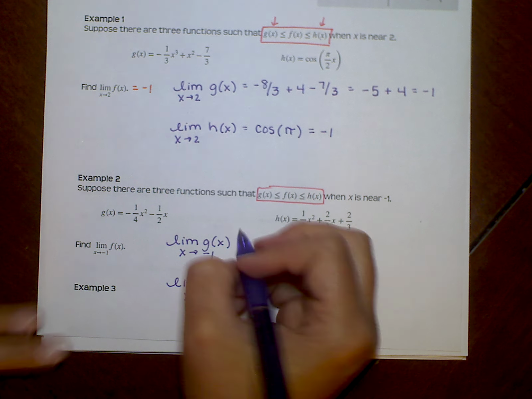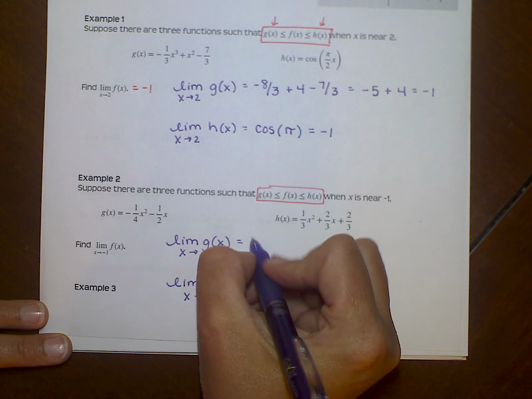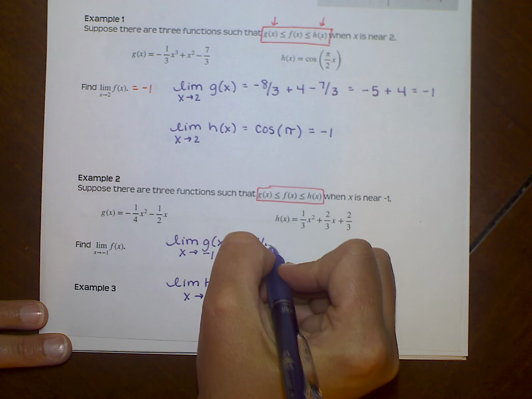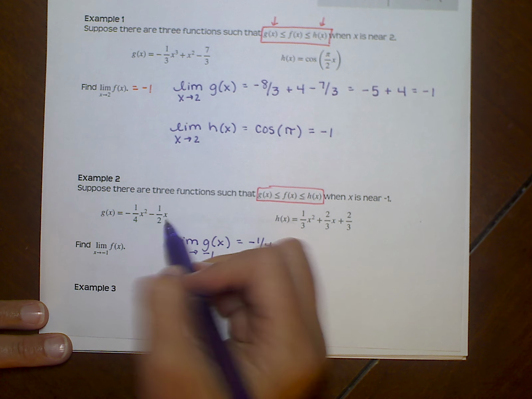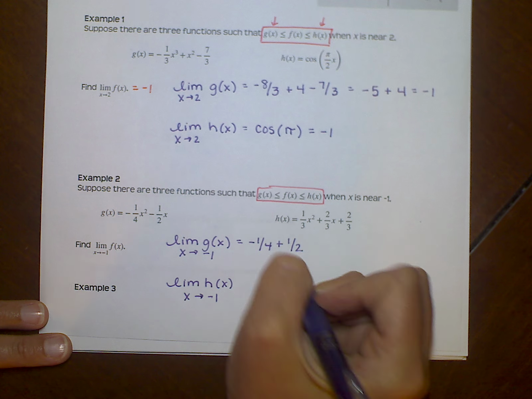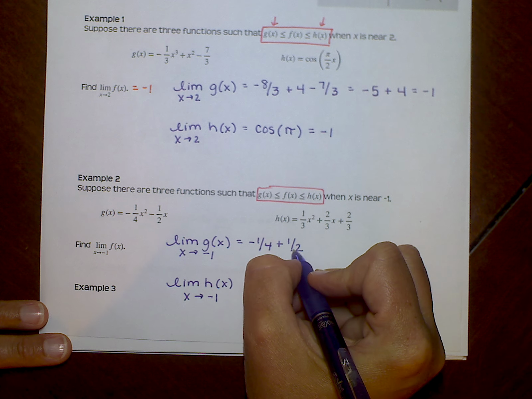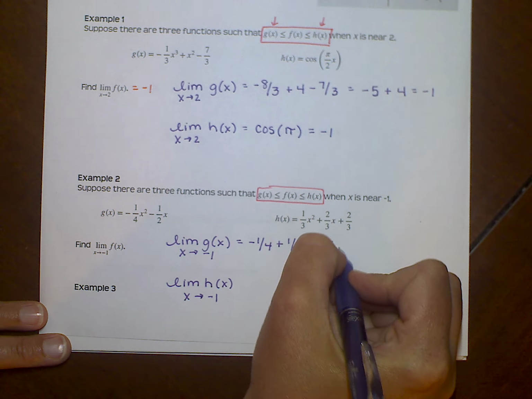And let's plug some numbers in. So negative 1 squared is just 1, so this gives me a negative 1/4. If I put a negative 1 in here, negative 1/2 times negative 1 makes a positive 1/2. And then negative 1/4 plus 1/2, this is like 2/4, so this makes a positive 1/4 as my answer here.